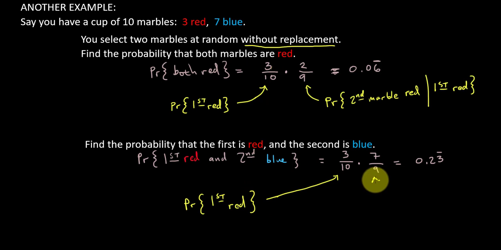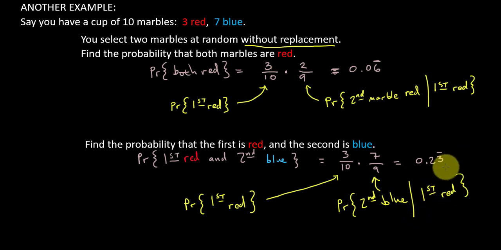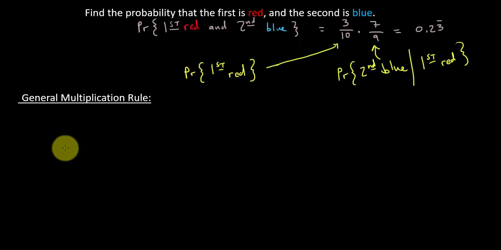But the 7 out of 9, that's the conditional part, the probability that the second marble was blue, given that the first was red. I think we are ready to formalize this into a formula.